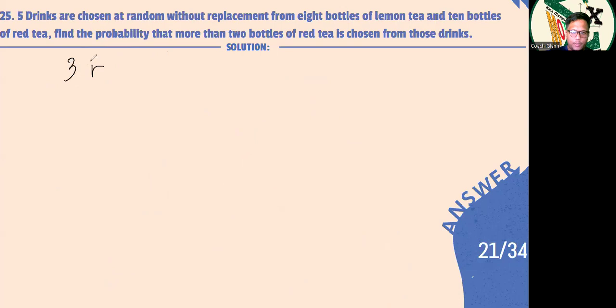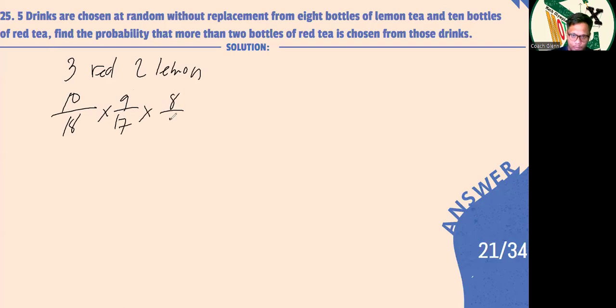so let's start with 3 red and then 2 lemon. So since this is 5 red and 2 lemon, let's get the probability first of red. So we have 10 red, so that's 10 over 18, because we have 18 in total, times 9 over 17, times 8 over 16, okay?